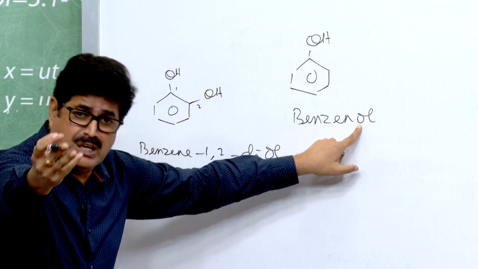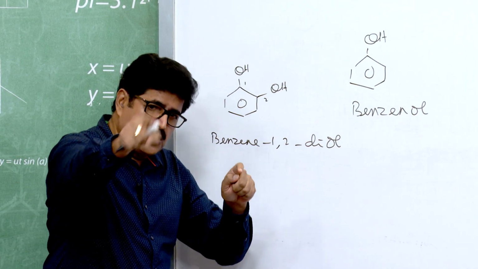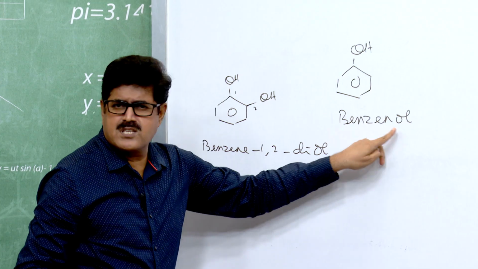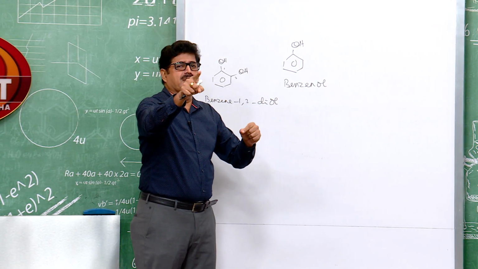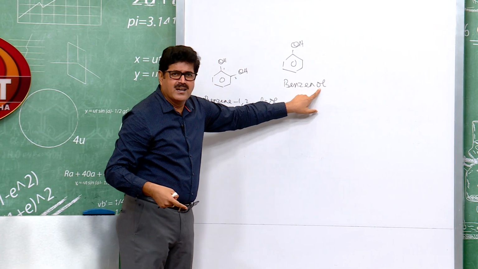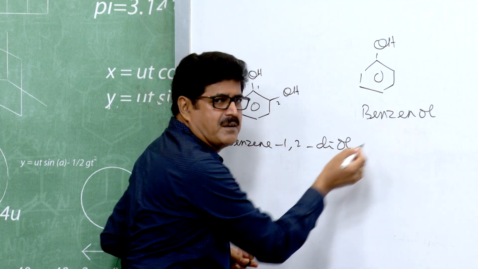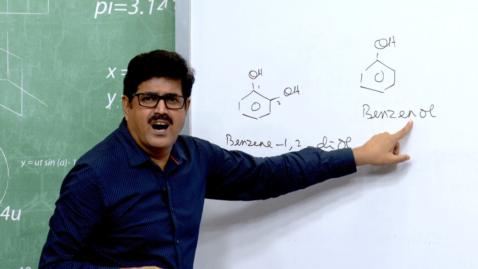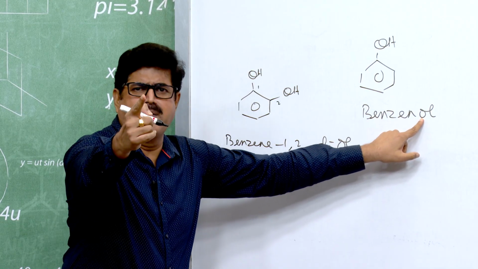As you know, the IUPAC name of a compound usually has 3 parts: root word, primary suffix, secondary suffix. While attaching the secondary suffix to the primary suffix, you must keep in mind, if the secondary suffix begins with a vowel, you have to drop the E of the primary suffix. So I am dropping E here because the secondary suffix OL begins with a vowel.